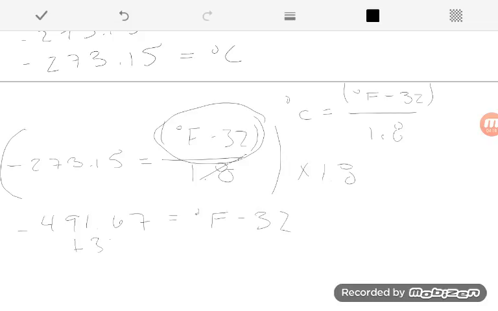So now we simply need to add 32 to both sides. So our degree Fahrenheit ends up being negative 459.67 degrees Fahrenheit. So that is the lowest possible temperature on the Fahrenheit scale.